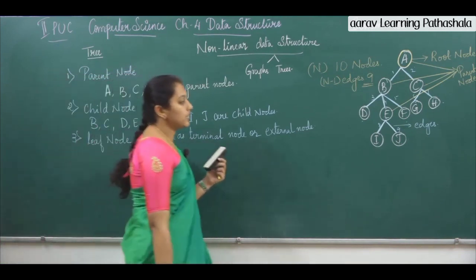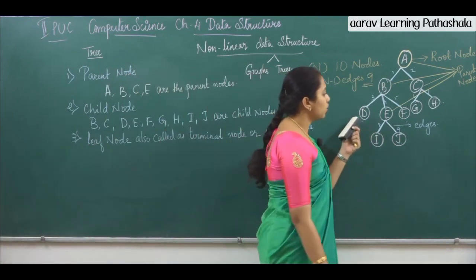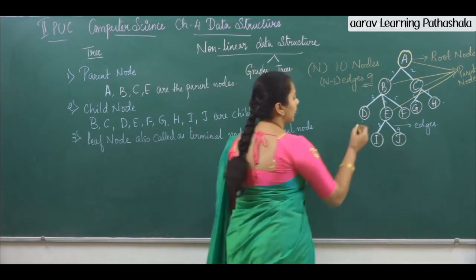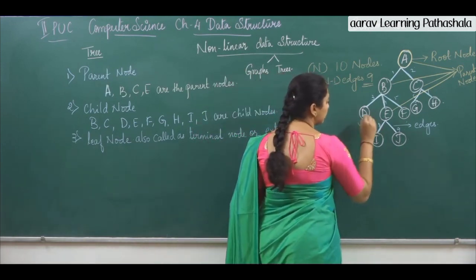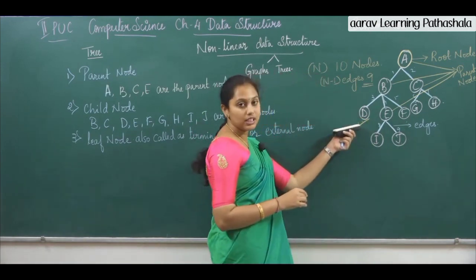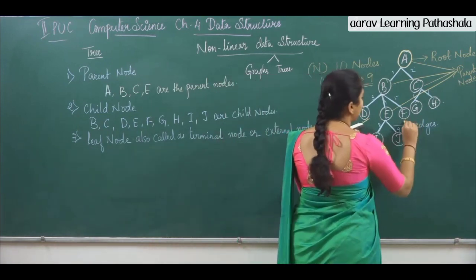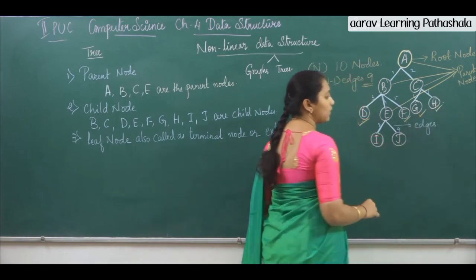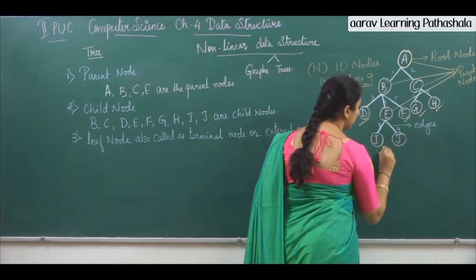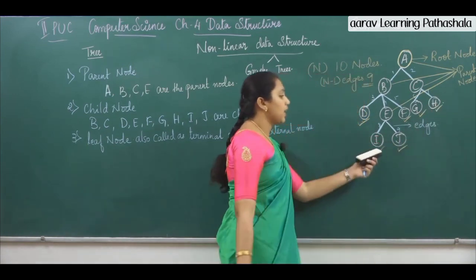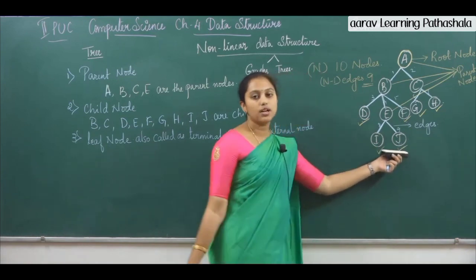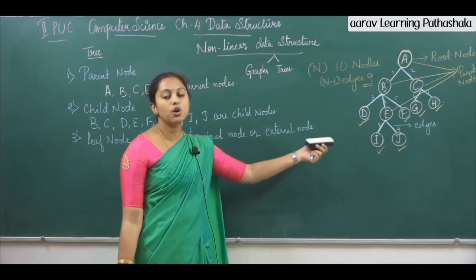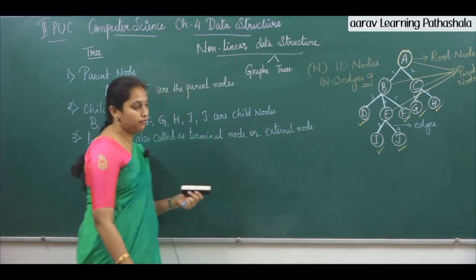So observe in this example, which are all the nodes that don't have child nodes? Node D does not have any child node. Node F does not have any child node. Nodes G as well as H do not have any child nodes, as well as I and J. So those nodes are called leaf nodes.